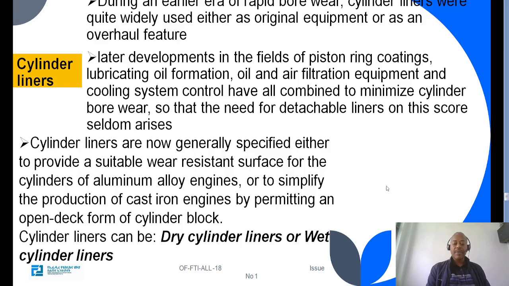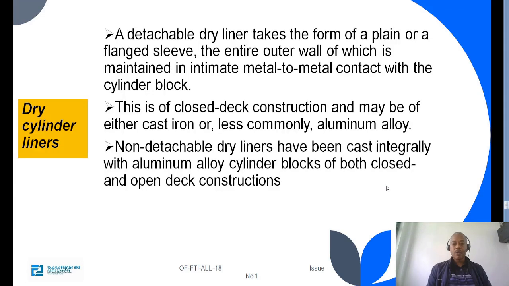Cylinder liners can be dry cylinder liners or wet cylinder liners. A dry cylinder liner, which is a detachable dry liner, takes the form of a plain or a flanged sleeve, the entire outer wall of which is maintained in intimate metal-to-metal contact with the cylinder block.